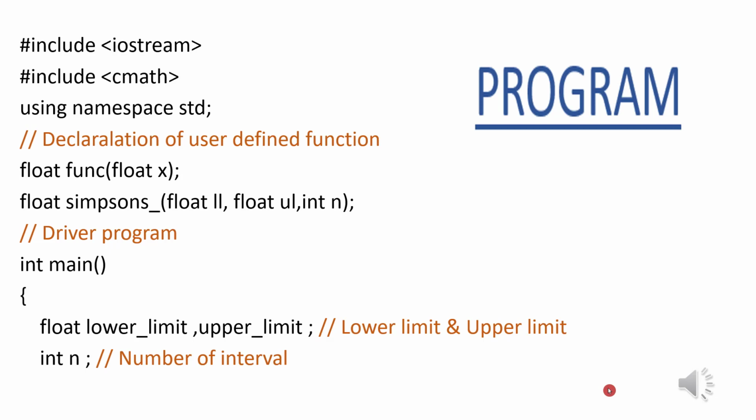In this program, two user-defined functions are used. They are float func float x and float simpsons float ll float ul int n. Both functions are of float data type. Moving to the main program, int main, float lower limit, upper limit, int n. These are the variables.